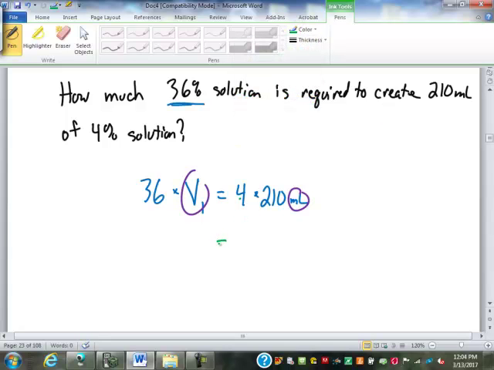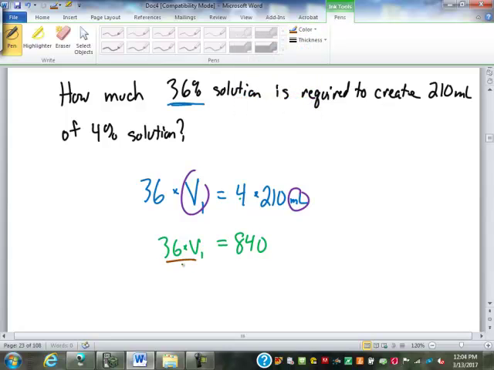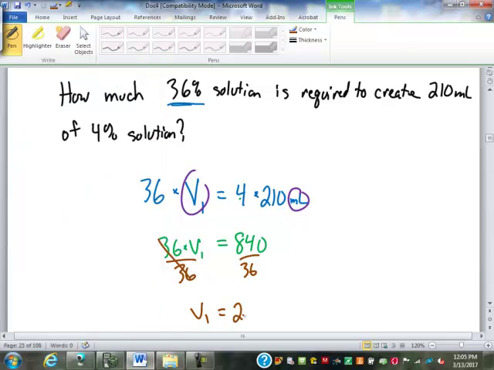So 4 times 210 is 840. And we'll solve it by dividing by the 36. So V1 equals 840 divided by 36. So 23 and 1/3 milliliters is that initial volume.